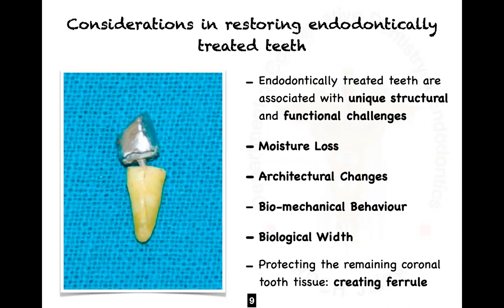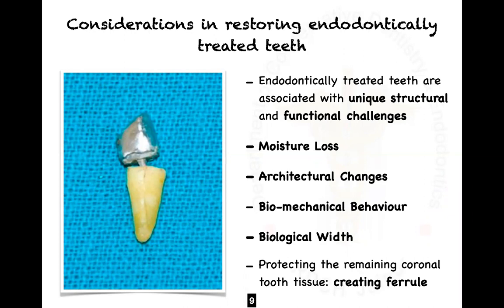Biological width is underrated, but again, we need to have an absolute minimum width of 2.5 mm. What prosthodontic people do is create a tooth margin and on top of it provide the crown. So this margin has various principles to be followed. One of the most important is the relationship of your crown with periodontal health, right?